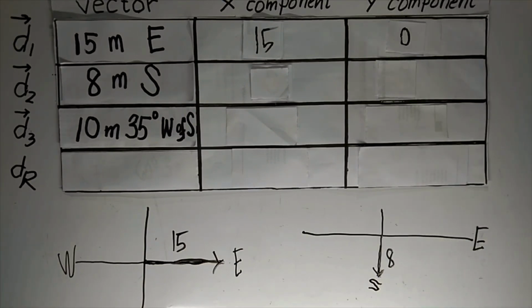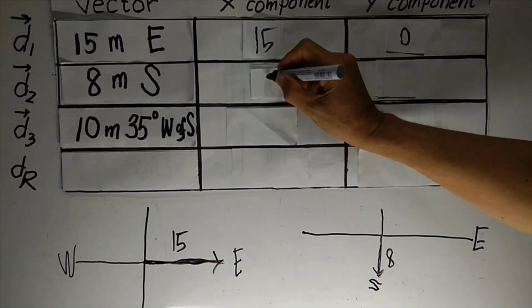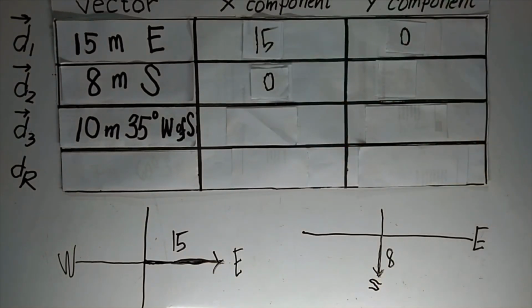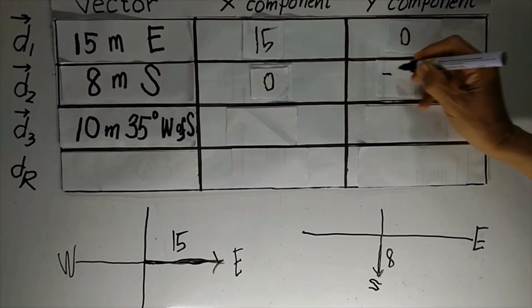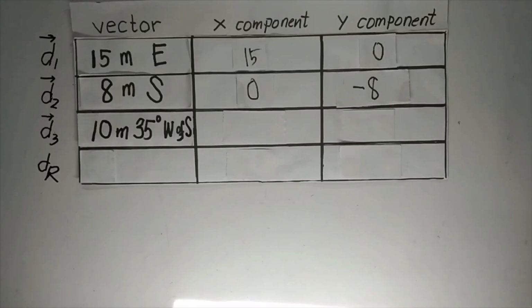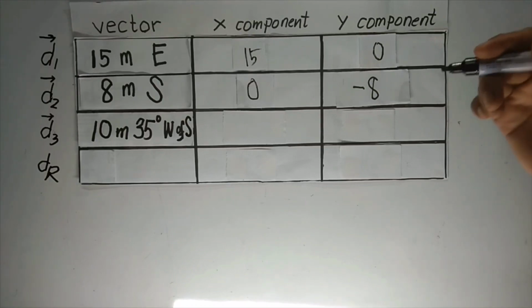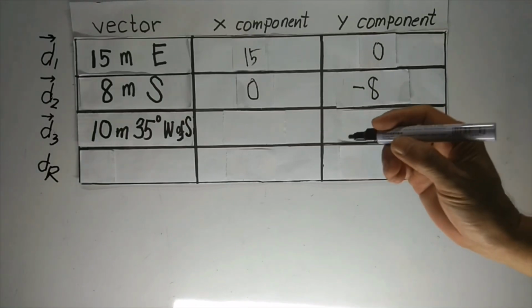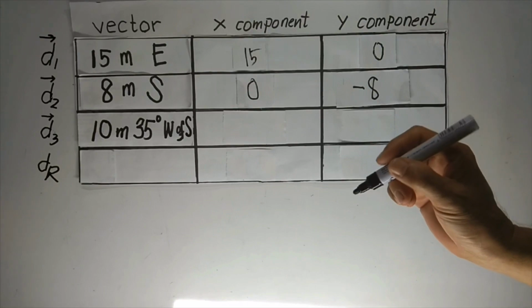So its x component will be equal to 0 because the vector is within the y-axis, and its y component will be negative 8 because it's going downward. Let's proceed to displacement 3, which is 10 meters 35 degrees west of south.